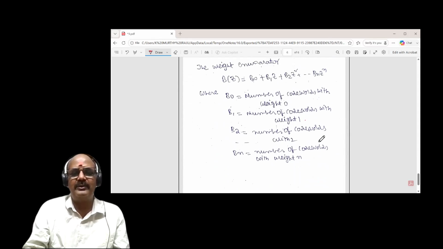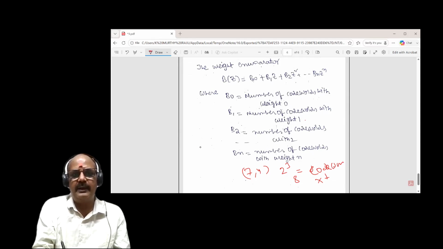Suppose in the (7,4) code, 2 to the power q, that is 2 cubed, means 8 code words are present in the dual code. Out of these 8 code words, the weight 0 is one code word.